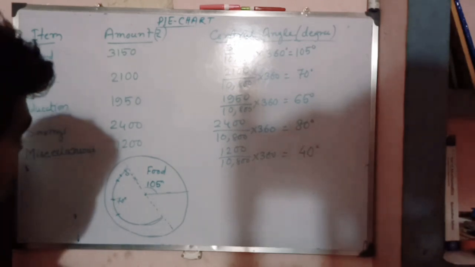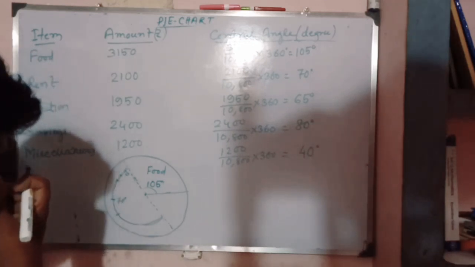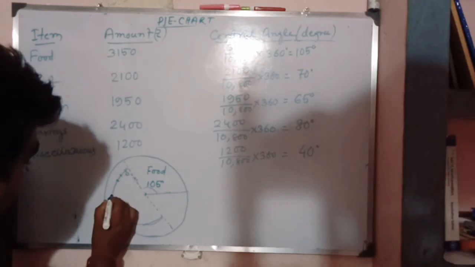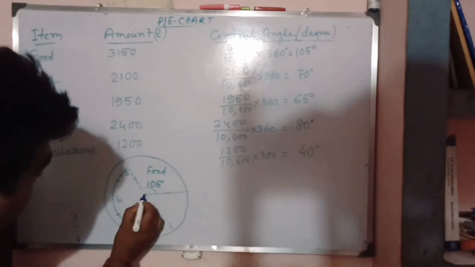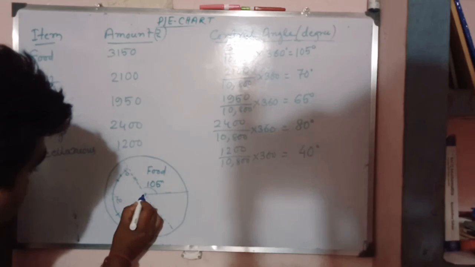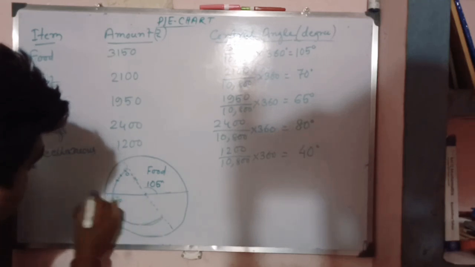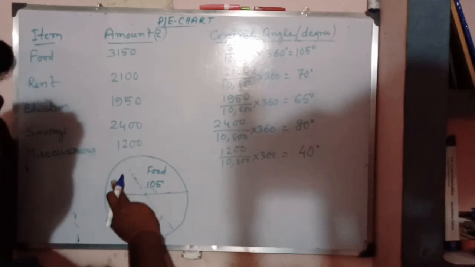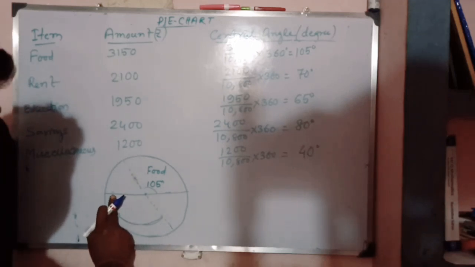So we have to join. Suppose this is 70 degree. To draw this, we again have to draw one line over here. Understood? And keep the protector from here.